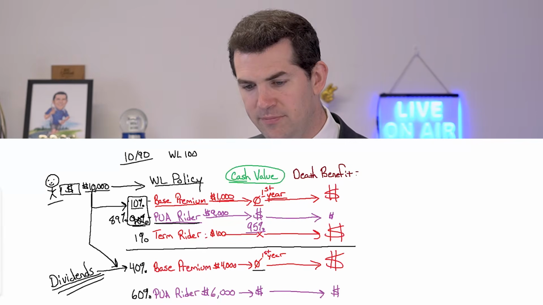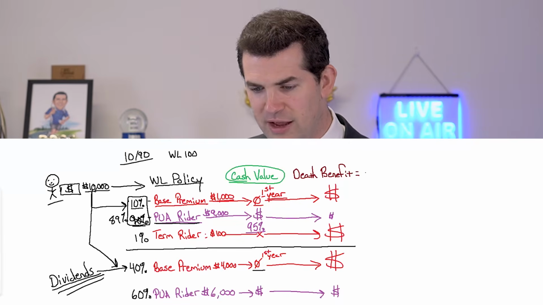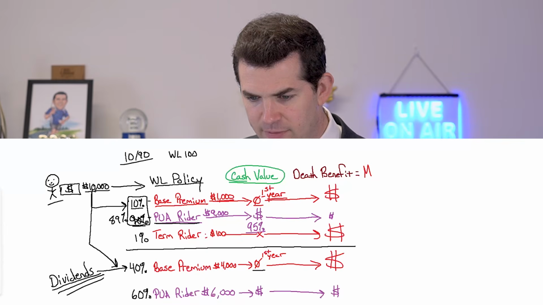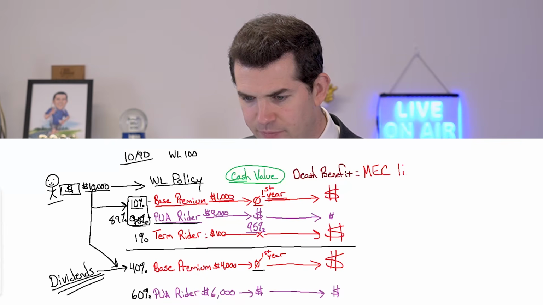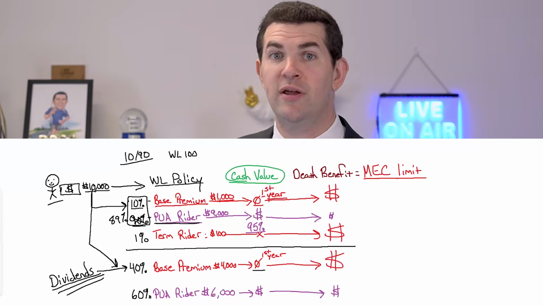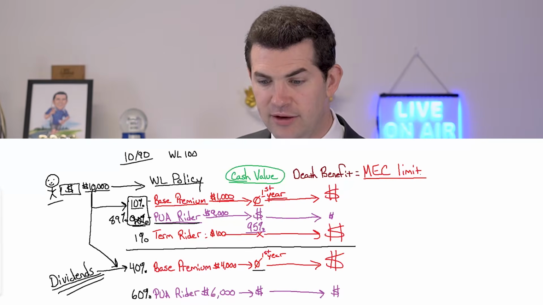And here's how I keep the tax-free status. Every life insurance policy has what is called a MEC limit, which is the maximum dollar amount I can pay into a policy per year without triggering that modified endowment contract.